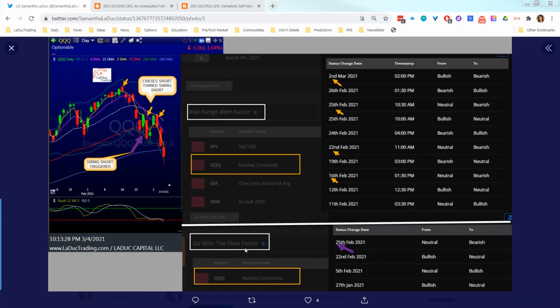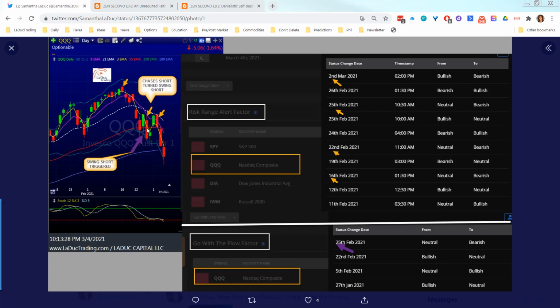For go with the flow, this is a different time frame. This is not for folks that are looking at the intraday. They're really just looking end of day, full-time jobs, what have you. And literally this triggered a swing short here on February 25th. So a little bit better view. And by the way, this was bullish, the Qs, until this bearish trigger for swing short on the 25th.